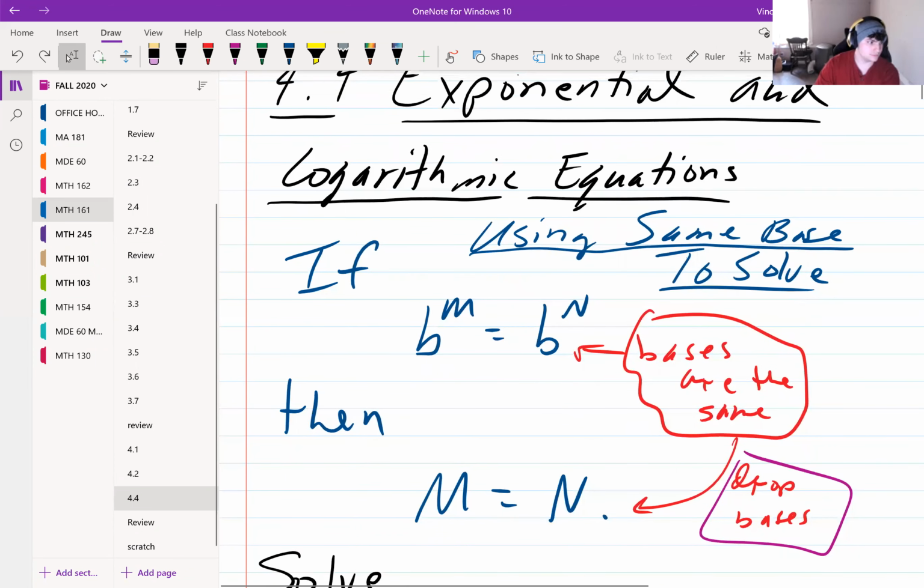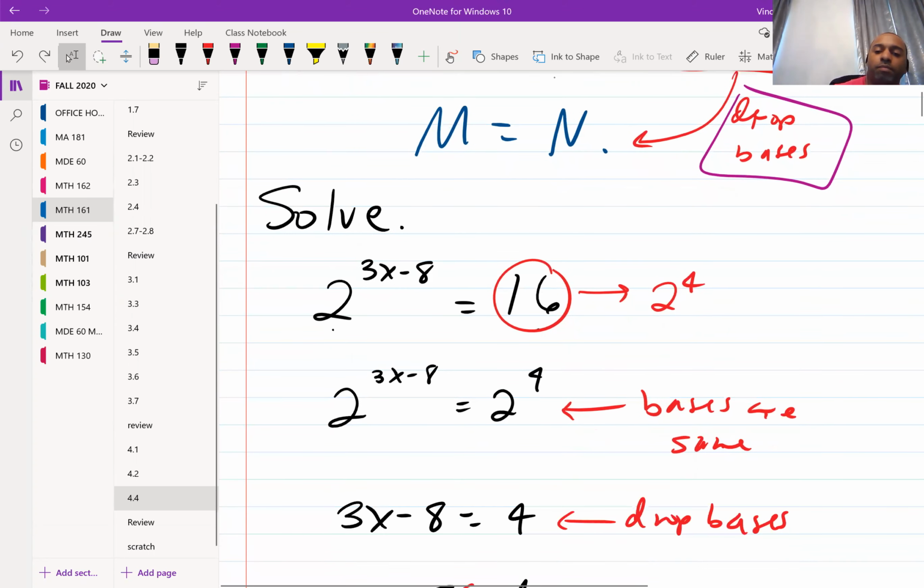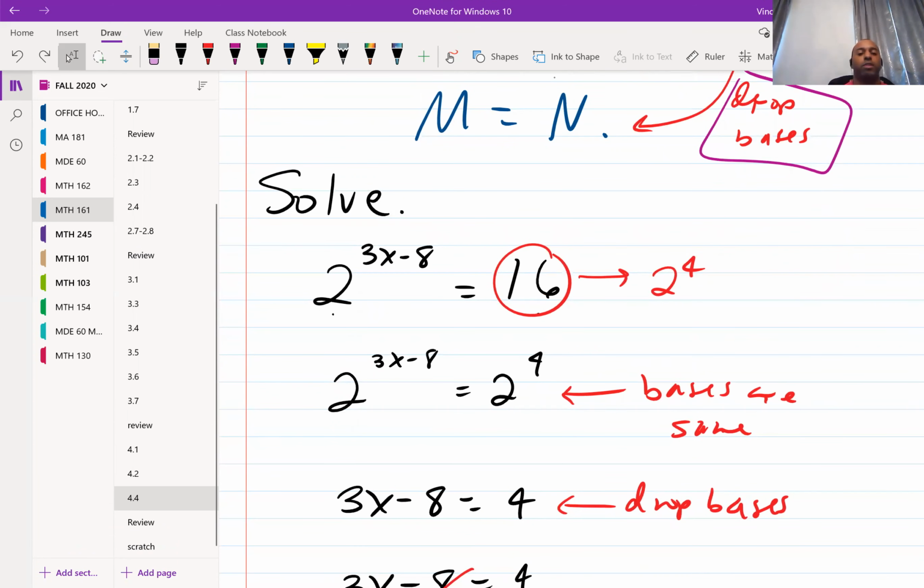The answer is yes, because that is 2 to the 4th power. So we can rewrite our equation as 2 to the 3x minus 8 equal 2 to the 4th. Now since our bases are the same, we can drop them and just be left with our exponents: 3x minus 8 equal to 4.